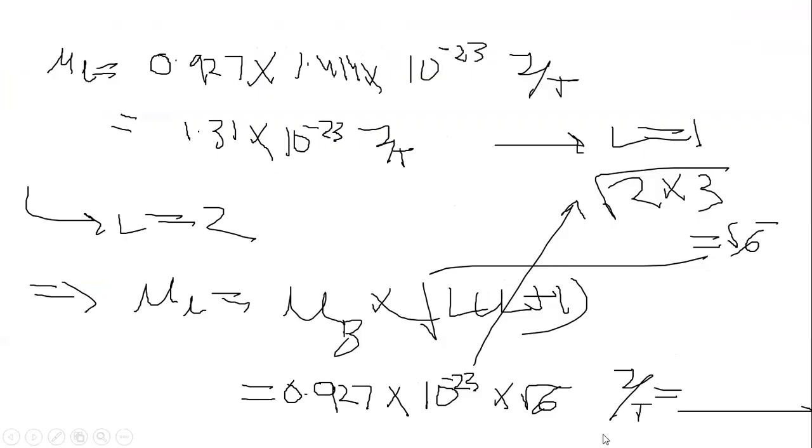So it will be 1.31 into 10 to the power minus 23 joule per Tesla.